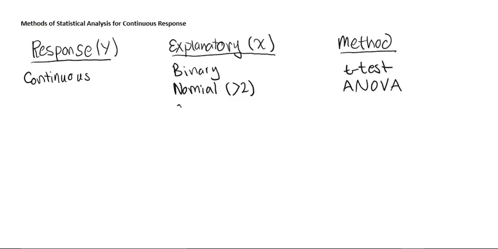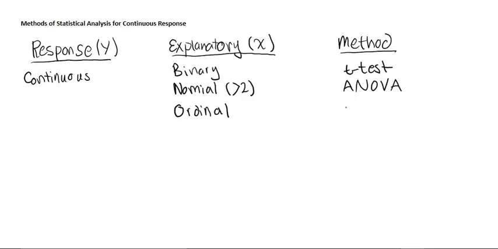We could also have ordinal. And ordinal is very similar to nominal, except that it does have a ranking or a natural order. So for instance, if you were to look at sizes of something, so small, medium, large, has a natural order, but it is still in categories as opposed to continuous, which might have an order, but it is on a spectrum with infinite possibilities in between.